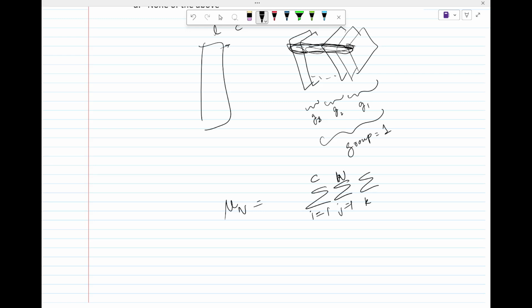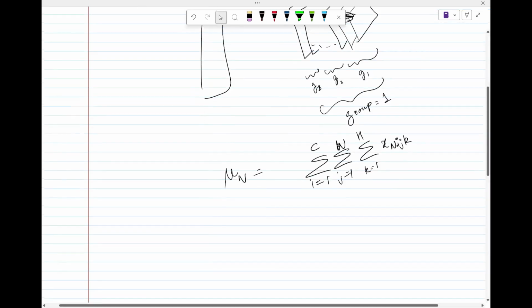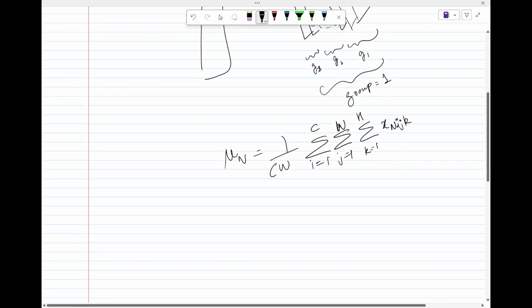But here you will have something. C is the number of channels, width, height of the feature map.